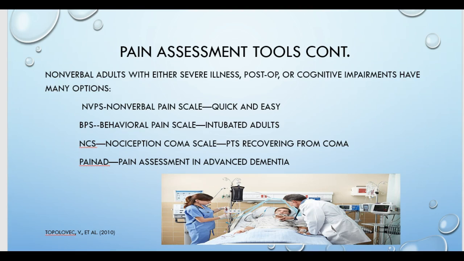To be successful with pain assessments, the clinician needs to gather as much information as they can: the patient's medical and surgical history, any information from caregivers and family about their normal behaviors, and things that may be unique to that patient.